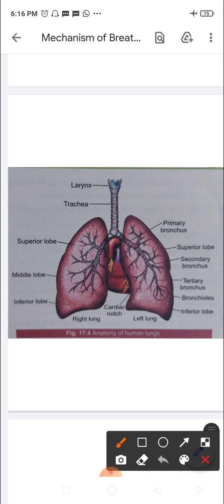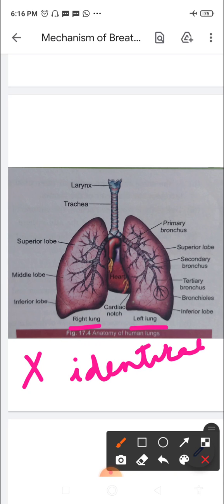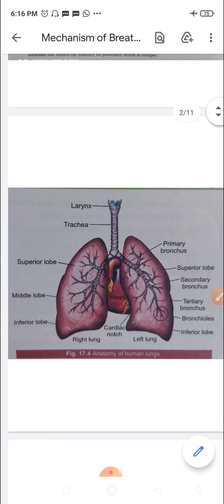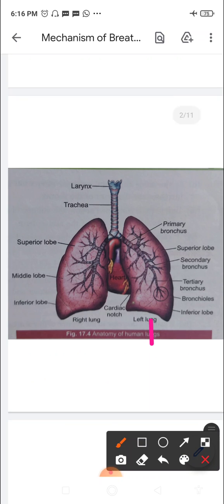You can see here, this is the left lung, this is the right lung. They are basically similar, but they are not identical. Now why? If we look at the size, we will see that the left lung is somewhat smaller as compared to the right lung.